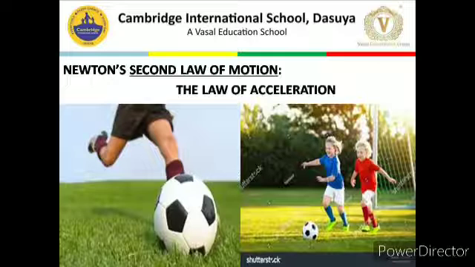If a basketball player hits a ball with double force, the rate at which the ball accelerates will be double. A football player can slow down, stop or reverse direction depending upon how much force they can apply in which direction.